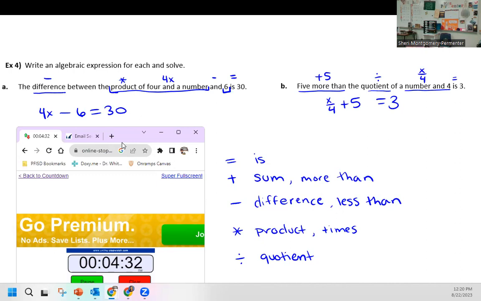Nope, it's a two-step problem, so it's gonna be just like this. And then three, multiply by four. On this side, you are divided by four, so we're divided by four.